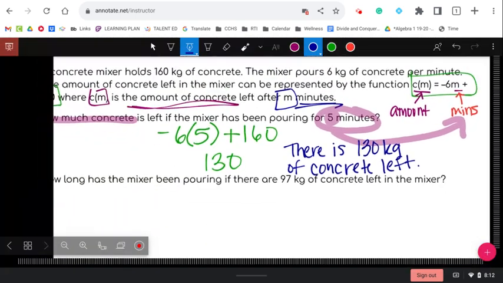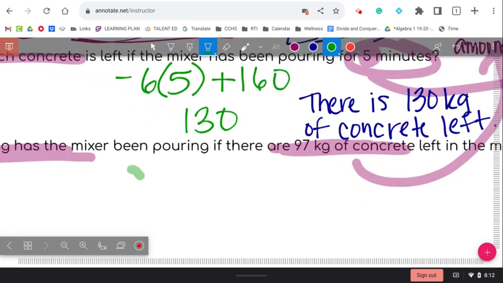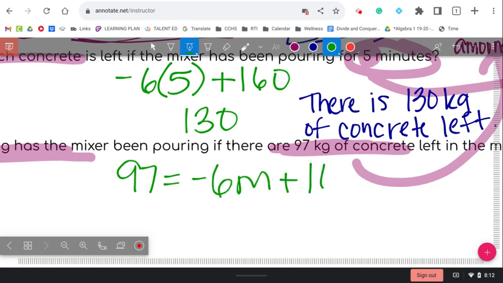Okay, going down to the next one, it's asking how long has the mixer been pouring if you have 97 kilograms of concrete? So we're going to take 97, plug it in for the C of M. That means we're going to have to figure out what M is. So we're going to have 97 equals -6M plus 160.